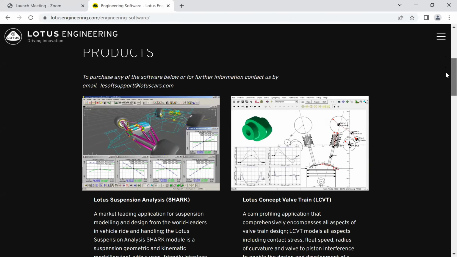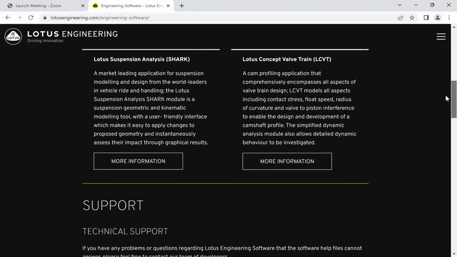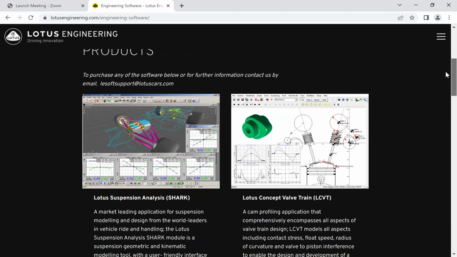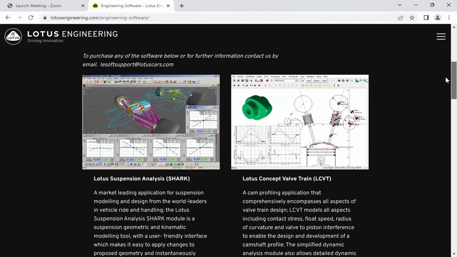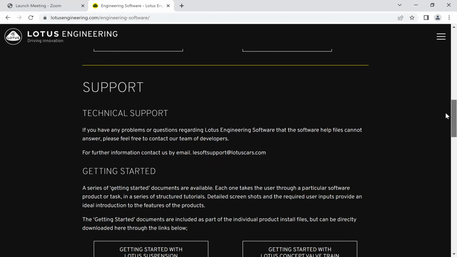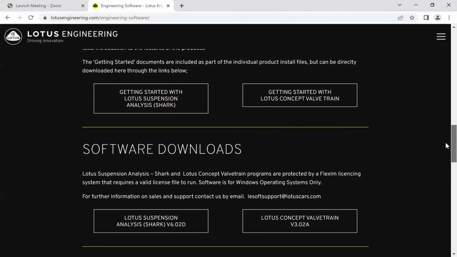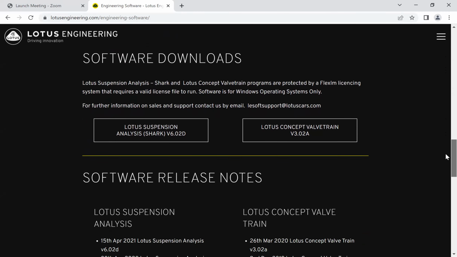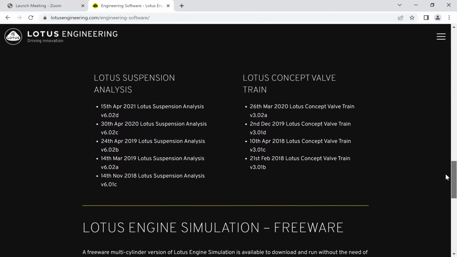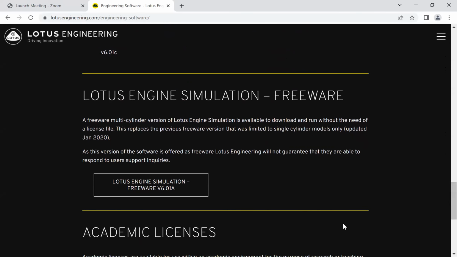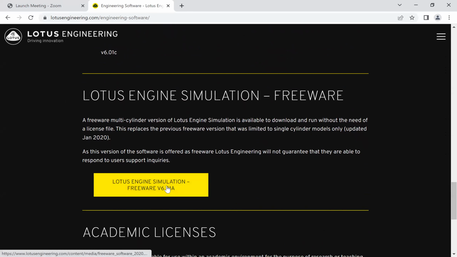This is the engine, and they have multiple products. They have the power transmission design, the valve train design, the suspension design, a lot of stuff. But what I want you to do is download the Lotus engine simulator software that is available.